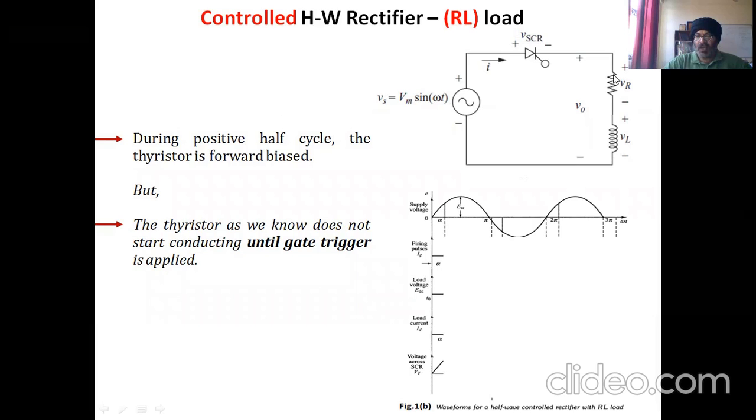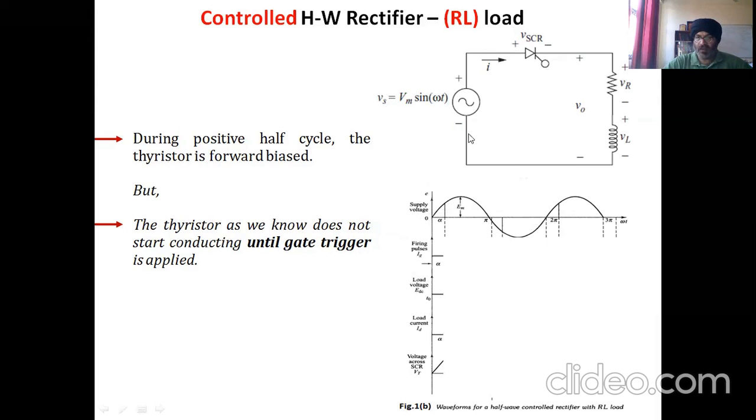So at the load, R and L both are present. So that's why it is called RL load. So this half-wave rectifier, again, we'll be working in 2 modes, positive half cycle and negative half cycle. So in positive half cycle, let's start with the positive half cycle.